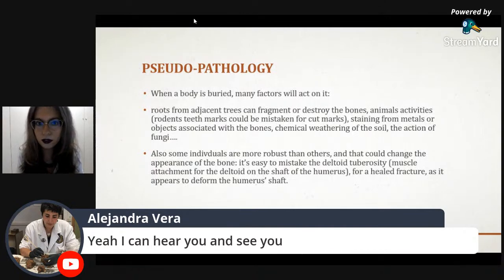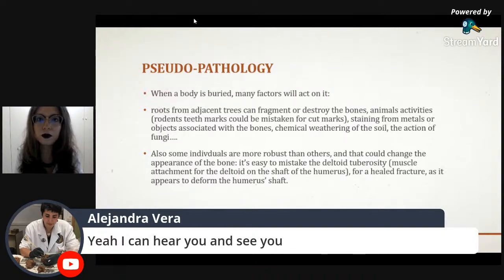Also, the grave goods, the elements and objects associated with the body, could stain the skeletal remains. For example, metals. It's very common to find bones that have some sort of green bluish tint.